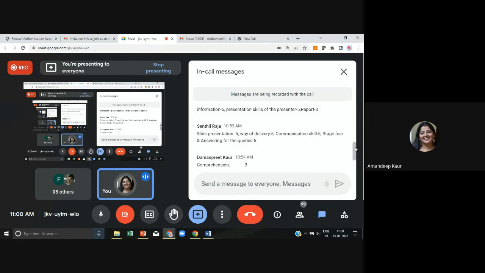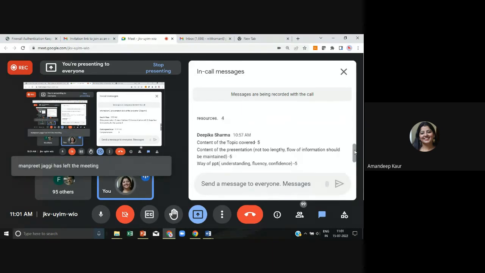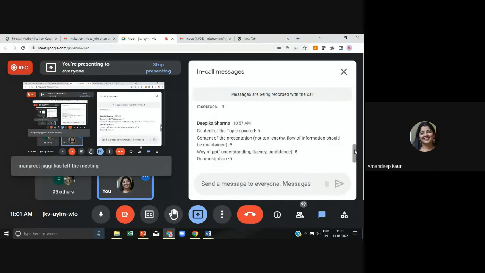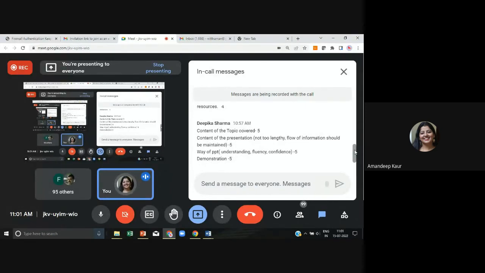How the student is structuring the presentation, use of different visual aids, that is again an important aspect of a presentation. And how the student is responding to all the questions, that is again the part of the presentation only.